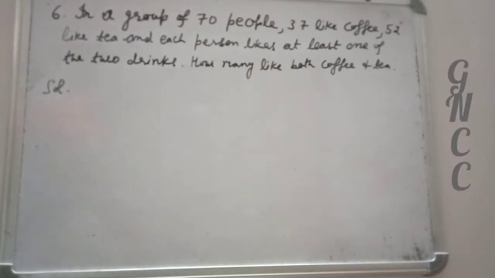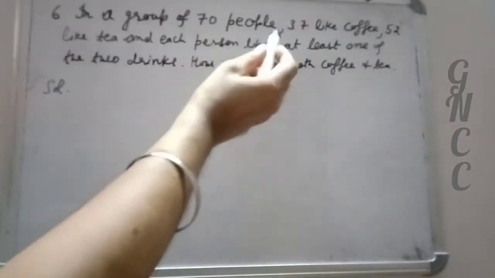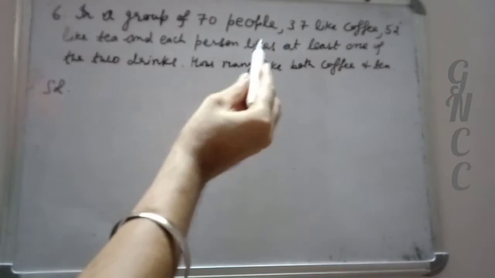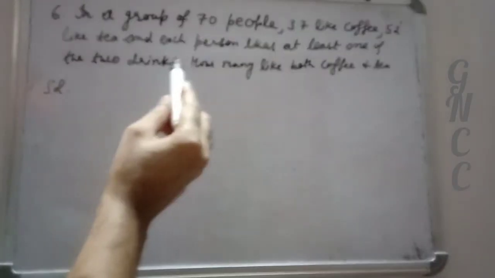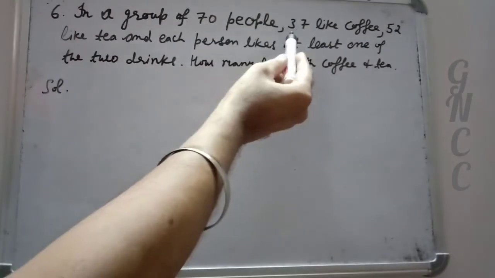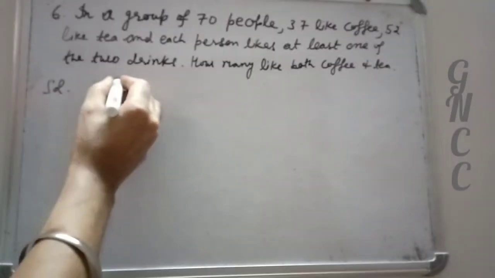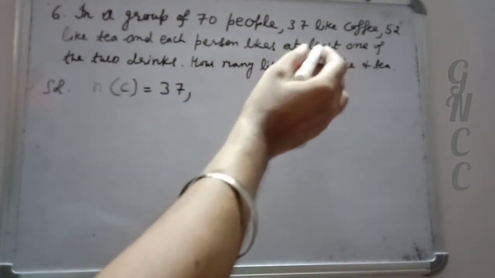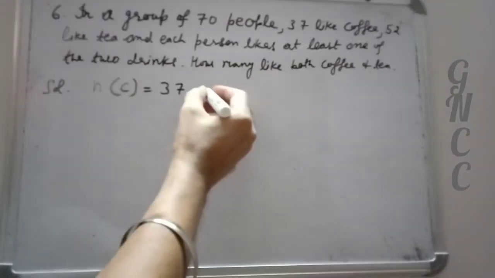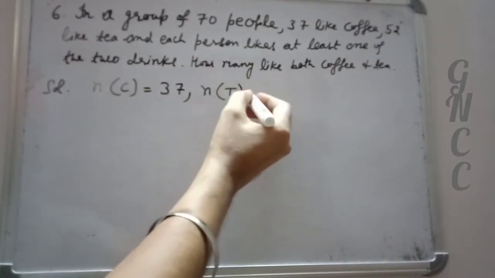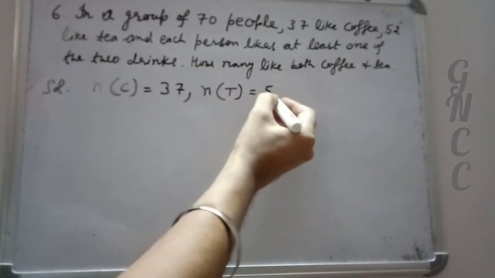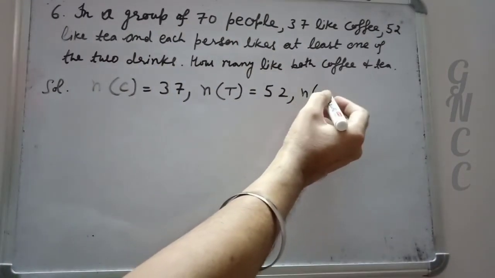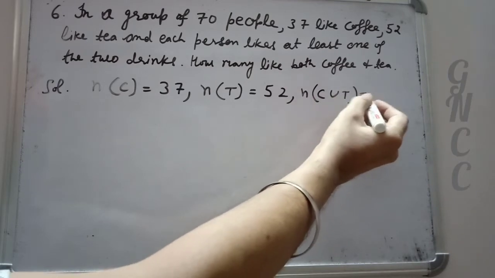Sixth question is, in a group of 70 people, 37 like coffee, 52 like tea, and each person likes at least one of the two drinks. How many like both coffee and tea? 37 like coffee, let C denote coffee, and n(C) is 37. 52 like tea. So if T denotes tea, then n(T) is 52, and total is 70, so n(C union T) is 70.